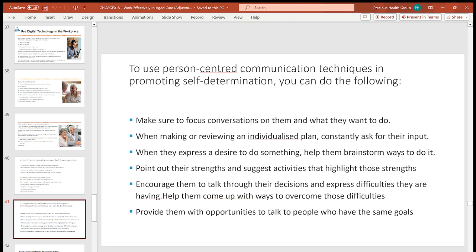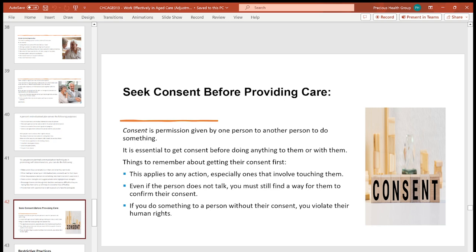We should encourage them to talk through their decision and express difficulties they are having, which we can help them to overcome. We should also provide them with opportunities to talk to people who have the same goal. With this, they will be able to be on the same page with other people.